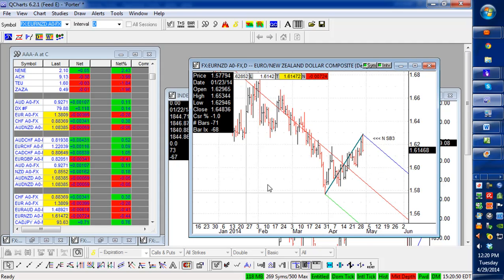Out of all these choices of EUR, USD, AUD, Australian dollar versus US, New Zealand dollar versus US, I'm going to pick the EUR NZD as the combination. Since today is the 29th of April, 2014, you'll be able to see later on which one did best.